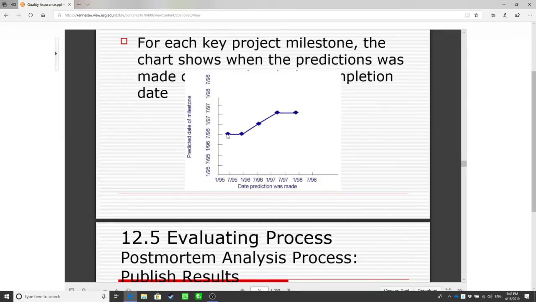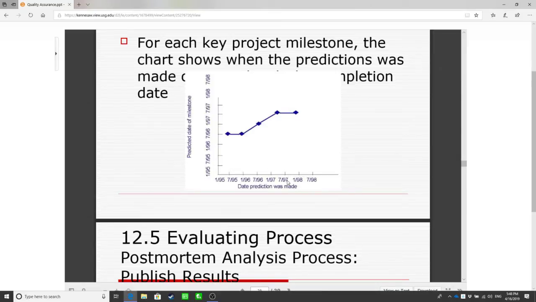Alright, maybe later we talk about the third point. And here, in July 96, the prediction of the finish date of this task becomes the next year, January 97, right?